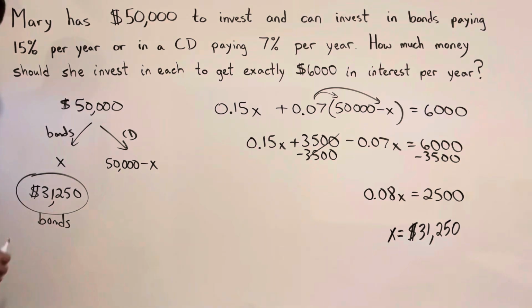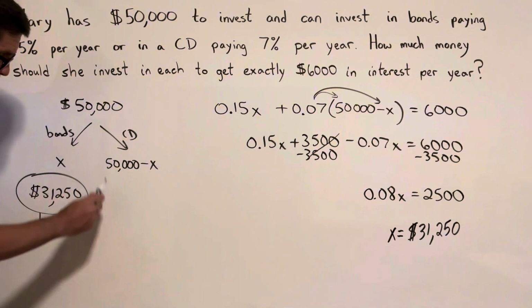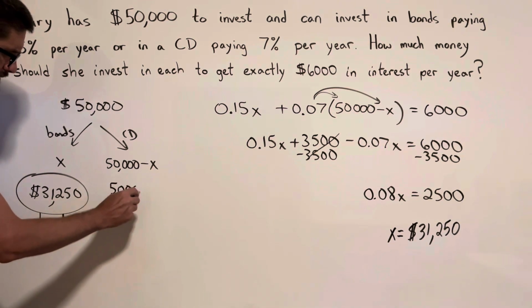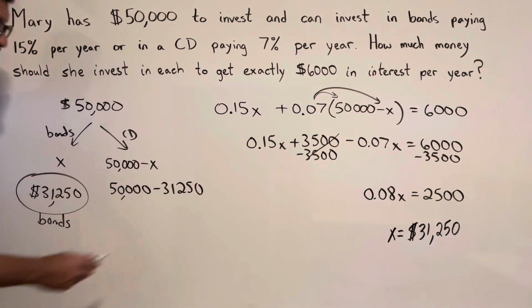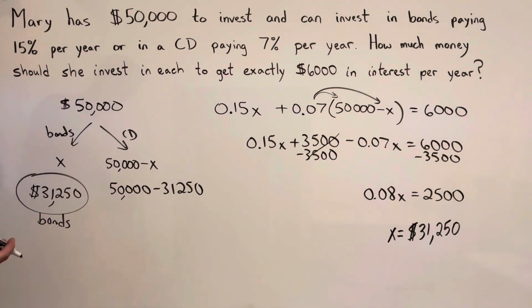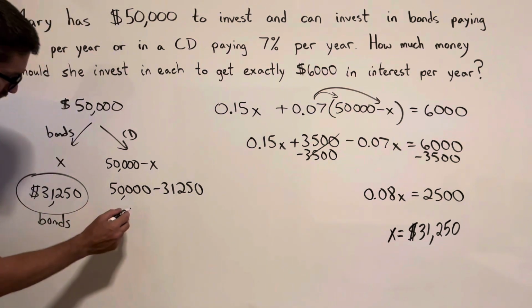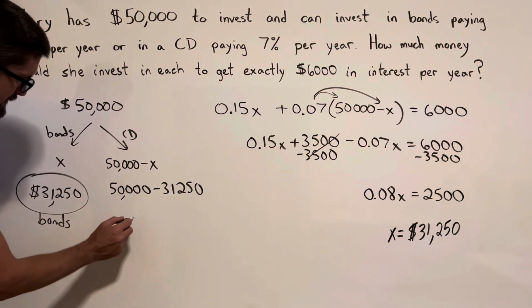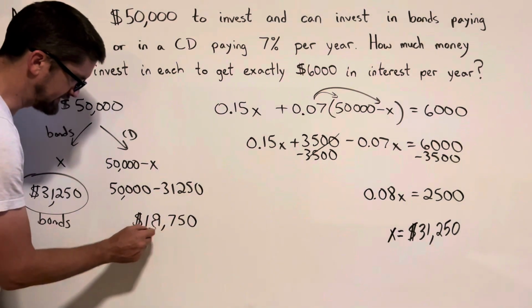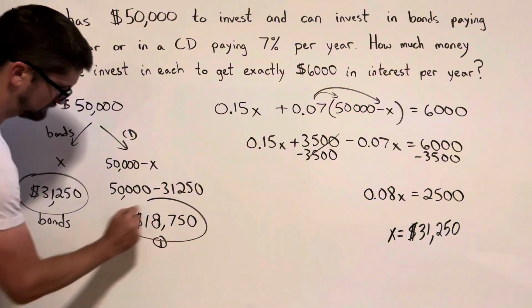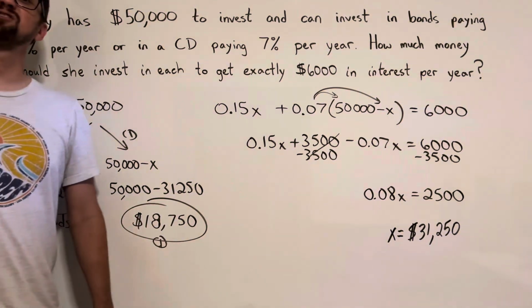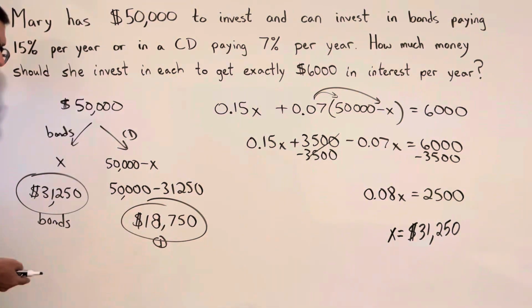So we take this 31,250 and subtract it from 50,000 to get the amount going into the CD, and you get $18,750. And that is the amount going into the CD. There you go.